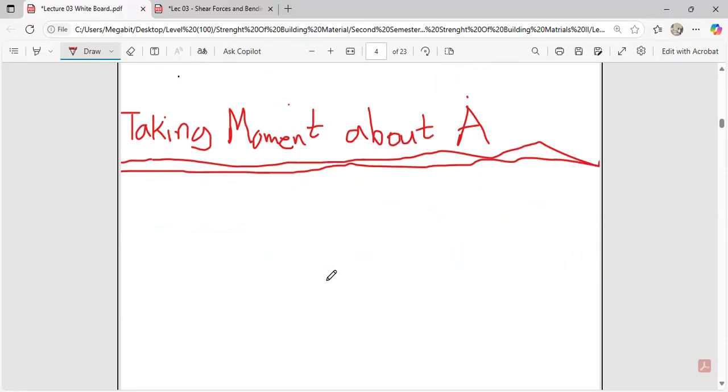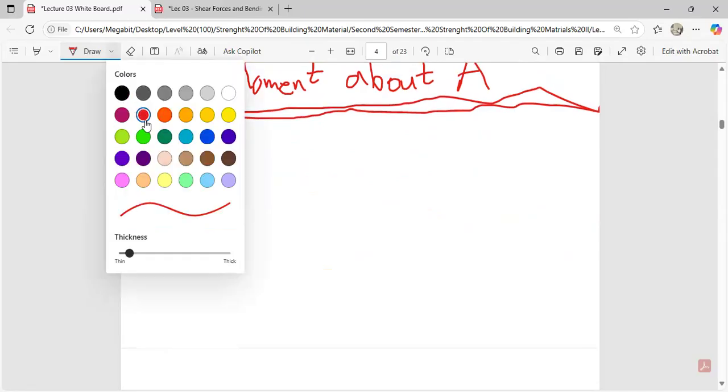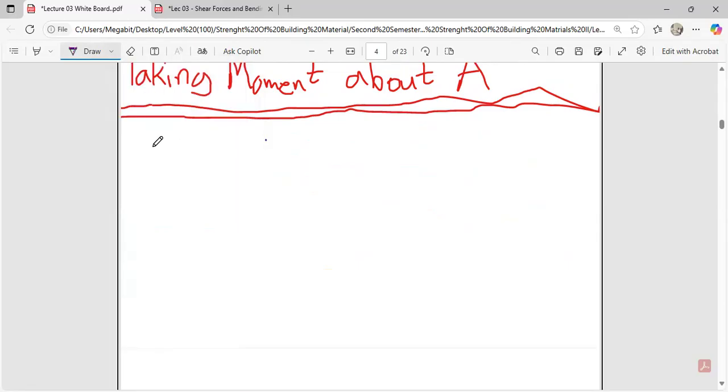And from there, what do we do next? We put down our sign convention. We are considering anti-clockwise moment to be positive. So let's put that down: anti-clockwise moment is considered positive.